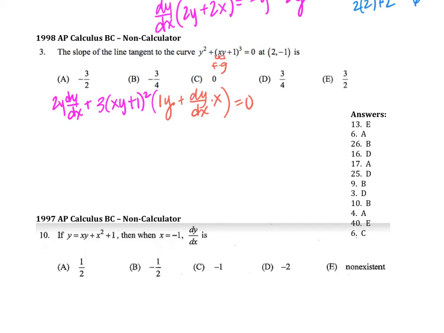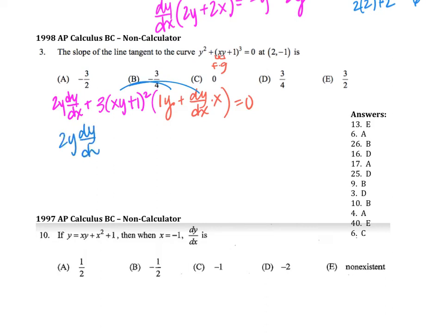Because we need to get the slope, or the dy/dx, by itself, and there are 2 dy/dx's on this side, I've got to distribute this through so that I can separate my dy/dx's.